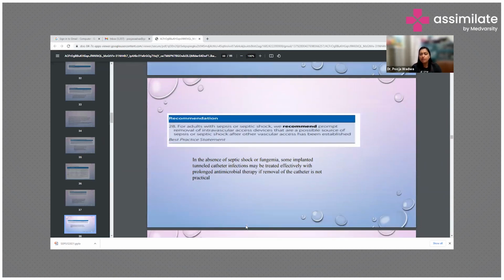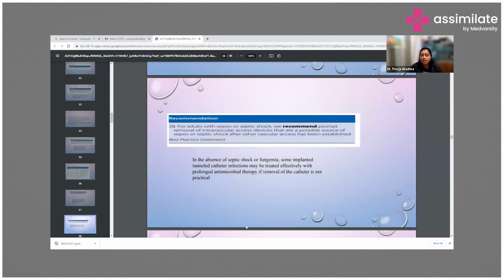So if a patient has an infection because of some intravascular device, and you suspect that this is most likely the source, you need to remove it as soon as possible, because unless and until you do source control, you are not going to treat your patient.